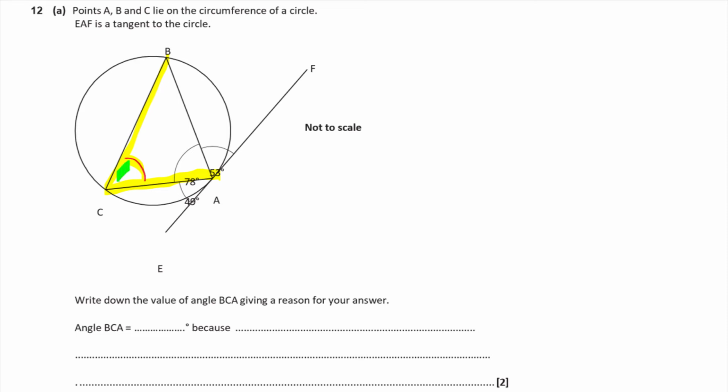So this angle here is going to be the same as this one using the alternate segment theorem, isn't it? So that angle BCA is going to be 53 degrees, because of the alternate segment theorem.